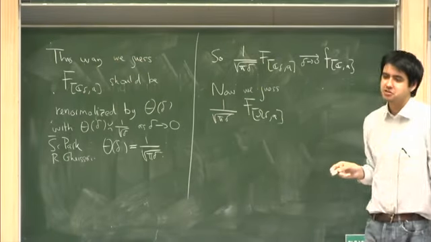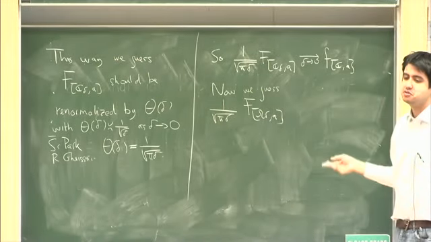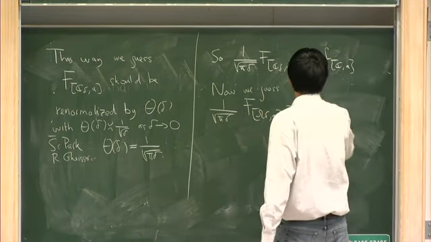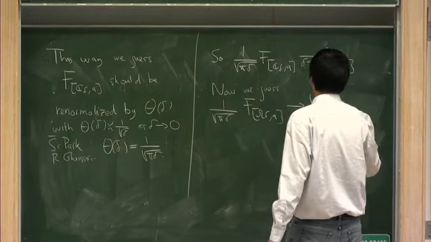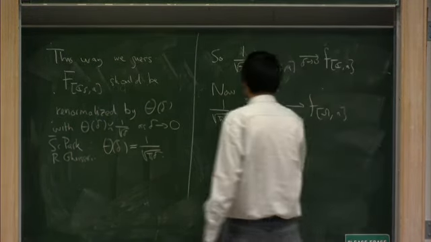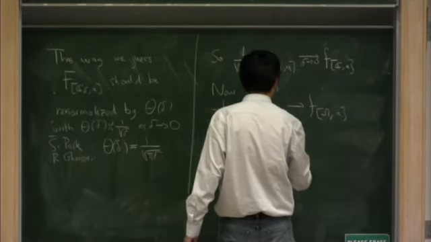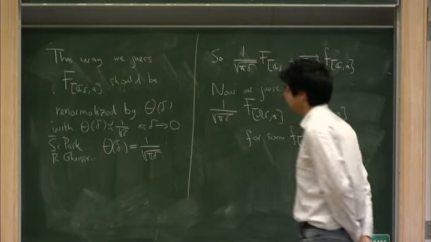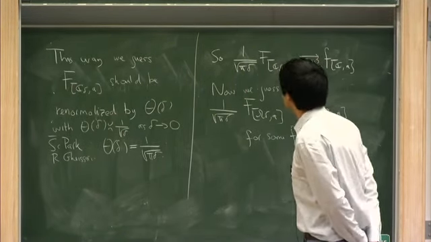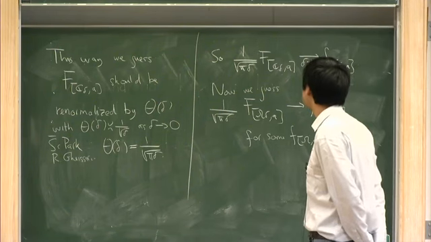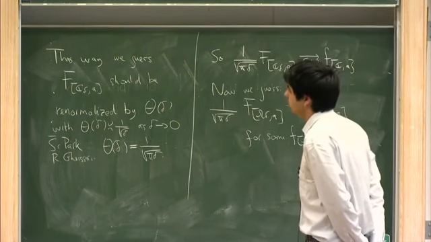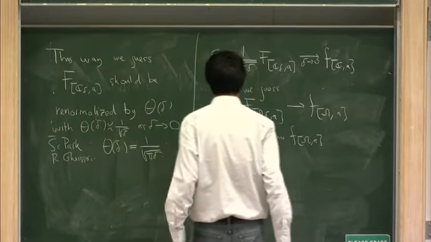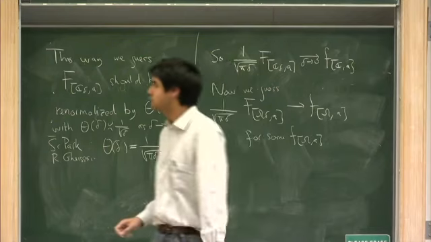That's very reasonable. There's no reason why you should renormalize differently for one domain or another. It should converge to this. Okay, so that's a good guess. That's a correct guess. Now, how do we prove convergence? After all these guesses, how do we prove convergence?